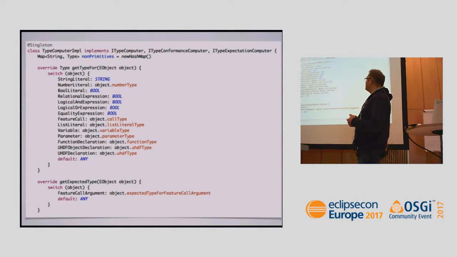For expressions like relational expressions, Boolean expressions, easy, that's just the bool type. That's the actual type of that expression. Sometimes it's recursive, so for other kinds of expressions you have to compute the actual type recursively. And at the end you just have to answer, what is the type.